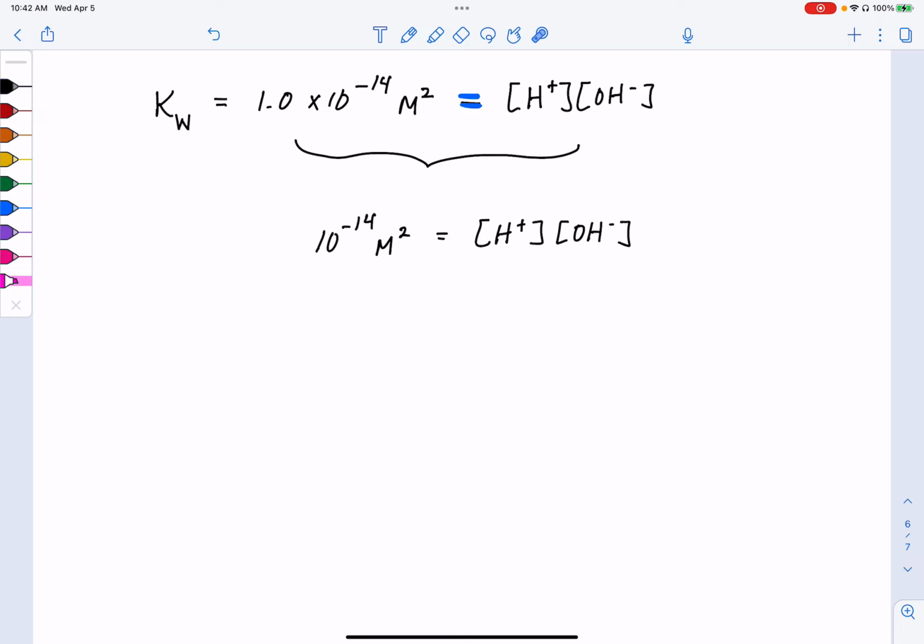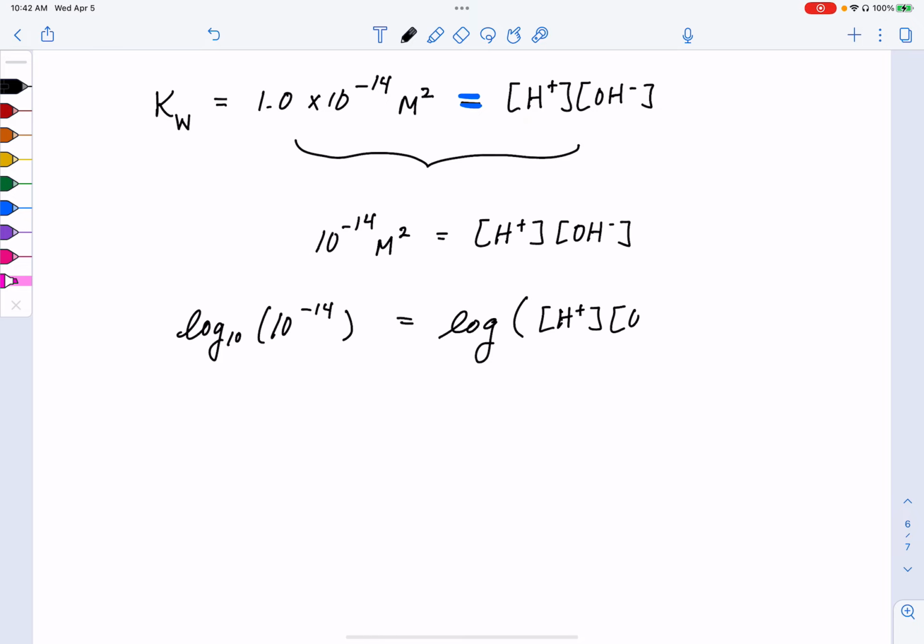This 14 number is locked up inside this exponent of base 10, so to undo that, I'm going to take the log base 10 of both sides. And anytime you take the log of something, its units disappear, so I'm going to drop my units here. And this becomes the log of my product, concentration H plus times concentration OH minus.